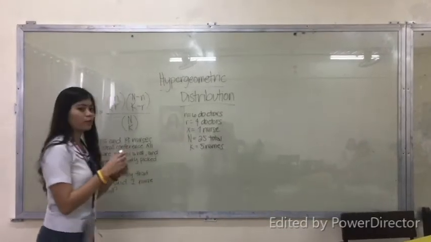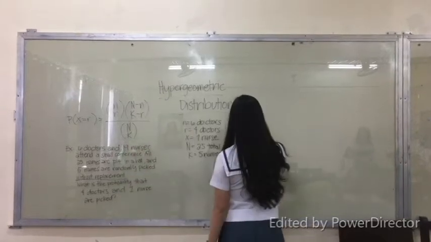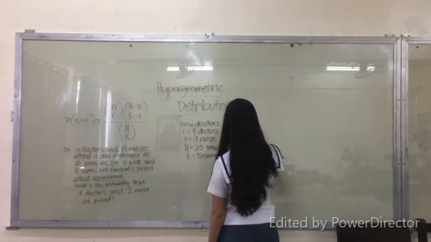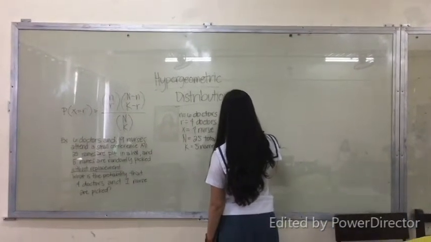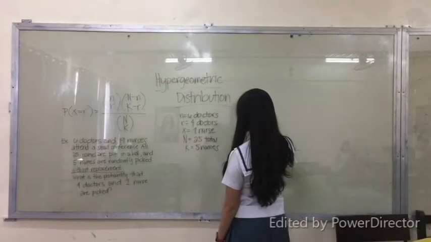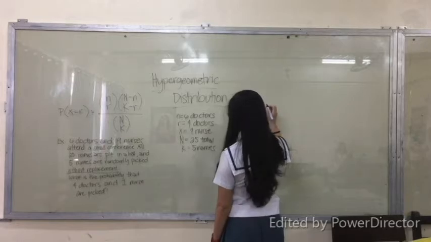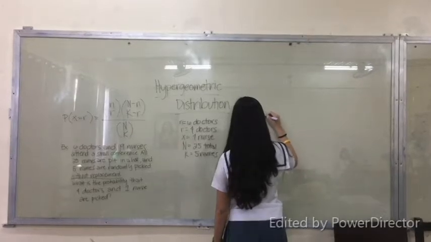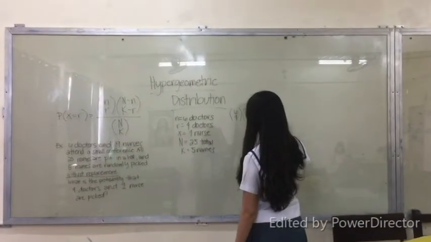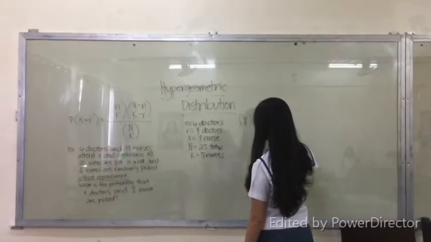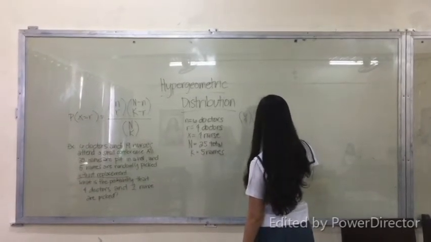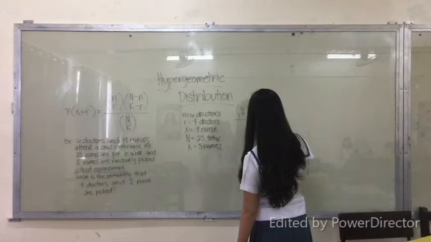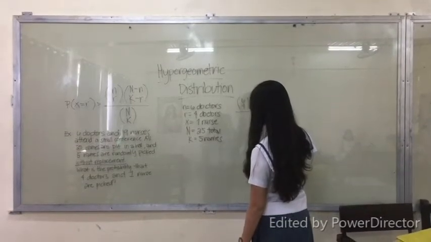So we will apply the formula now. We will just substitute. n is 6, R is 4, N minus n is 25 minus 6, and K minus R is 5 minus 4, over the capital N, which is 25, and the capital K is 5.